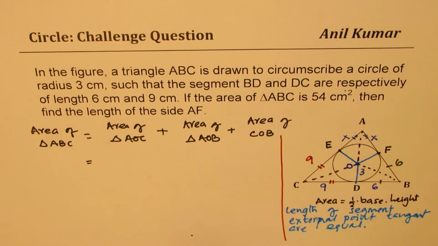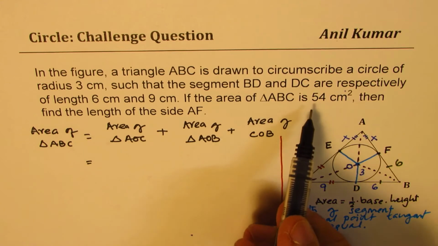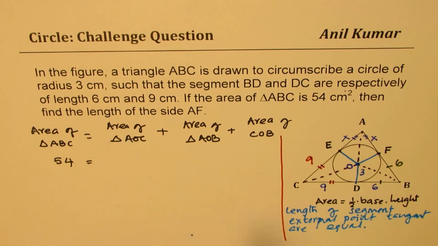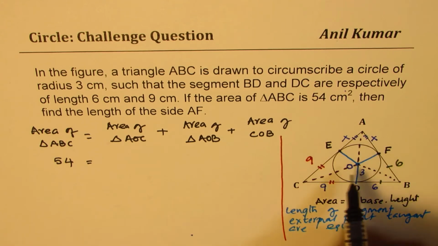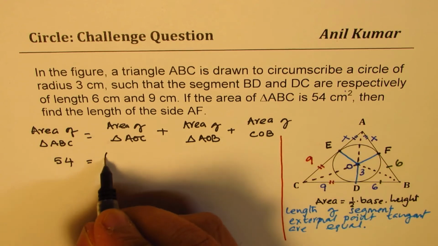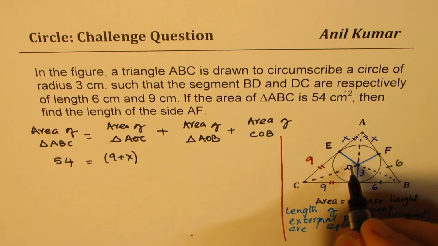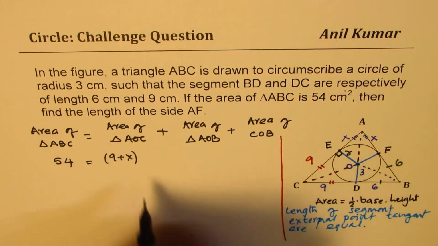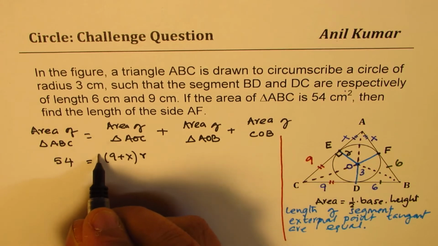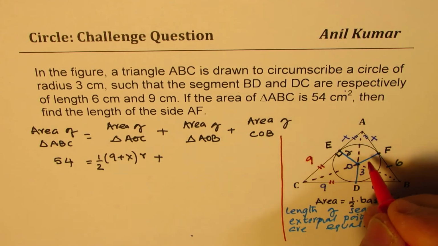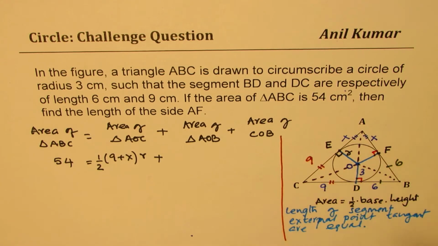Now we can continue. We know the area of the bigger triangle is 54 centimeters square, so we write 54 here. The area of AOC will be half times AC, which is 9 plus x, times the radius, which becomes the height. Half base into height, since the radius and the tangent always make 90 degrees.